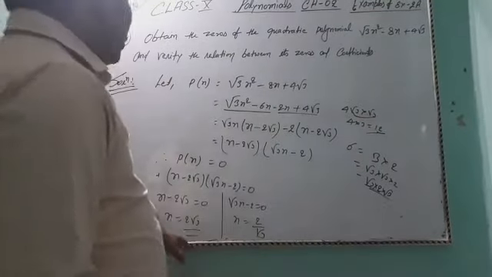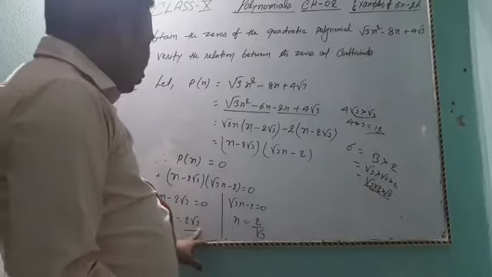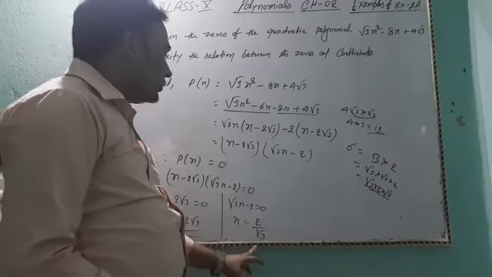So this is the zeros of this polynomial, 2√3 and 2/√3.